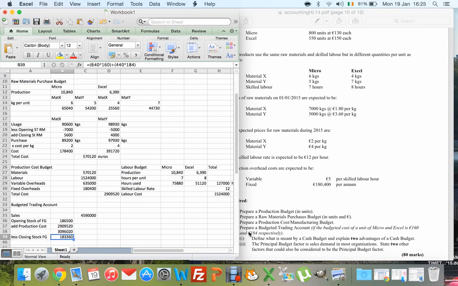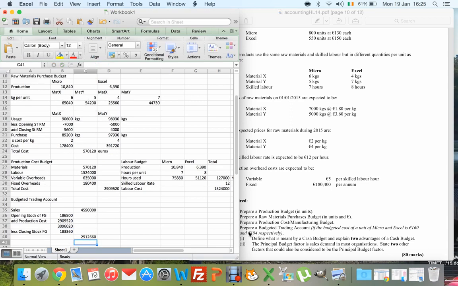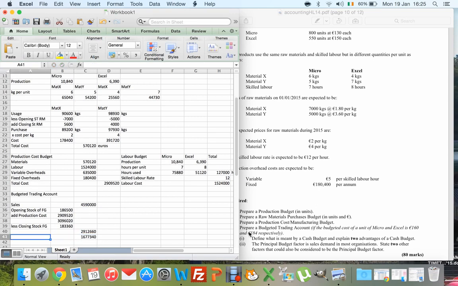So that's my closing stock. So my cost of sales is going to be this figure minus my closing stock, and then my gross profit is going to be my sales, my expected sales, minus my cost of sales. Okay, that's the basis for how to do the question. I hope that makes a bit of sense.